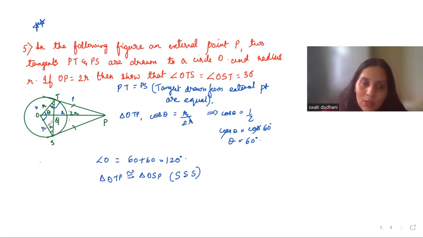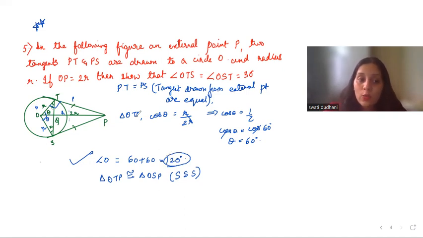This is R, this is also R. PT is equal to PS and common line. So both the triangles are congruent. So by SSS, both are congruent. By CPCT, I can write if this is theta, this is also theta. And hence we get angle O as 120 degree. I hope this is clear.